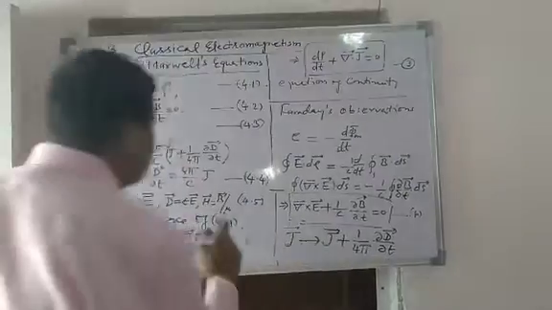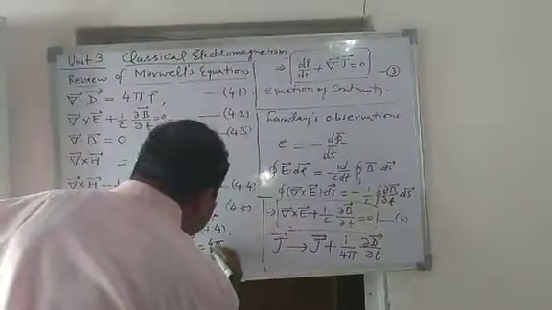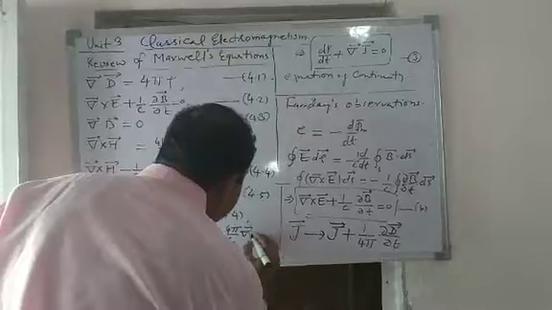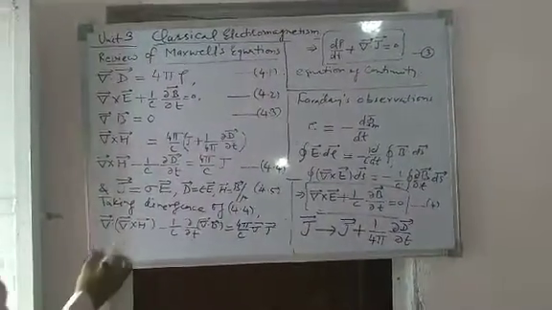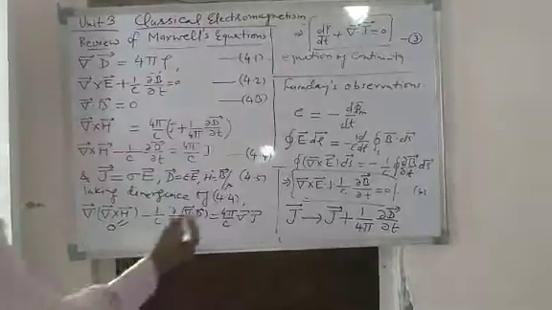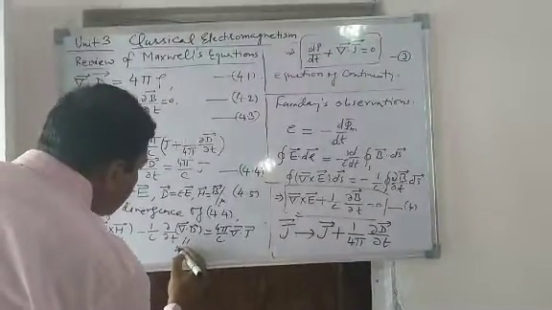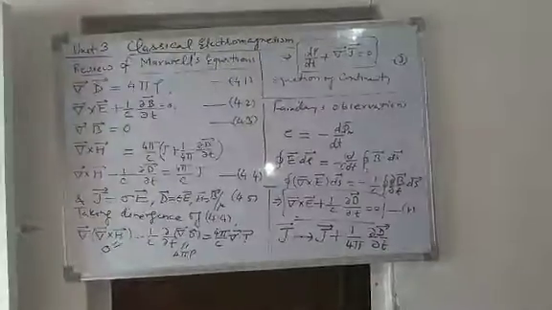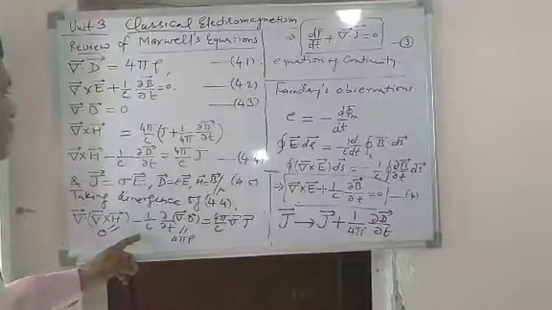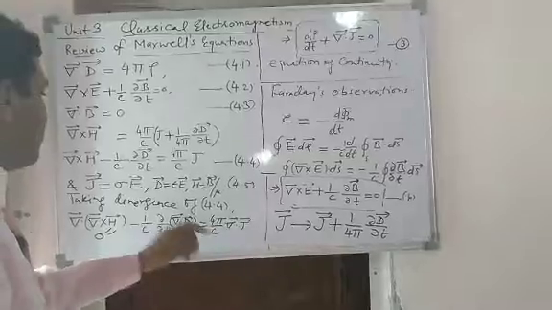So this is going to be equal to 4 pi by c, and we will have del dot J. The divergence of the curl is obviously 0. Del dot D is going to be 4 pi rho, so this is 4 pi rho upon c, then we have 4 pi upon c.